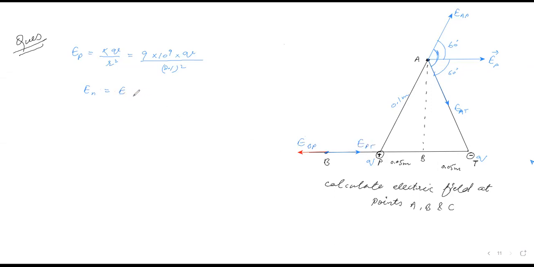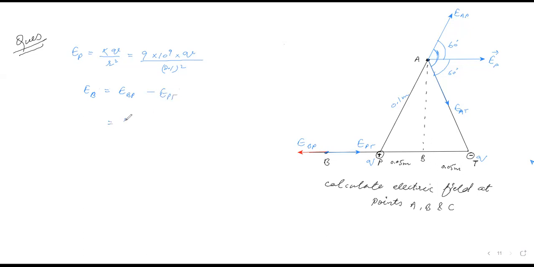So the E net at B will be E_B equal to E of BP minus E of PT.